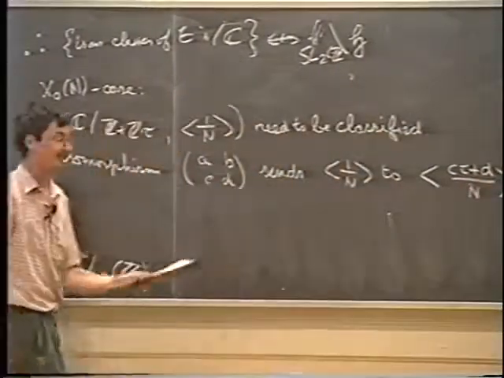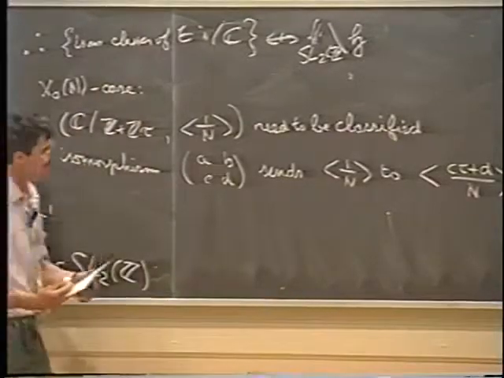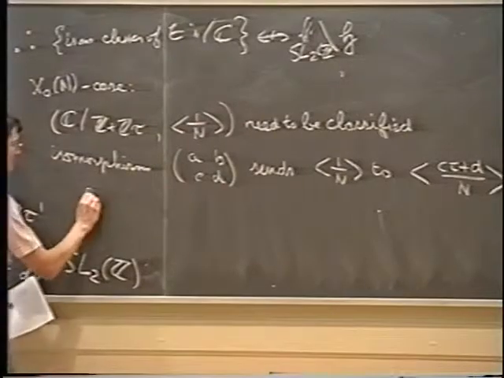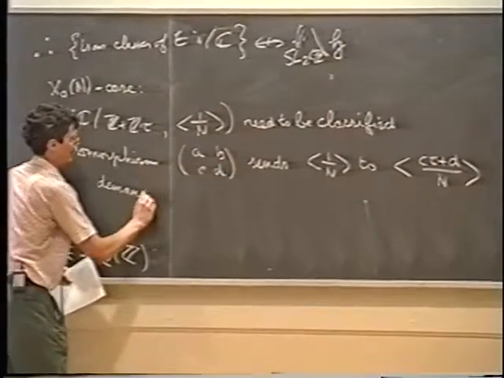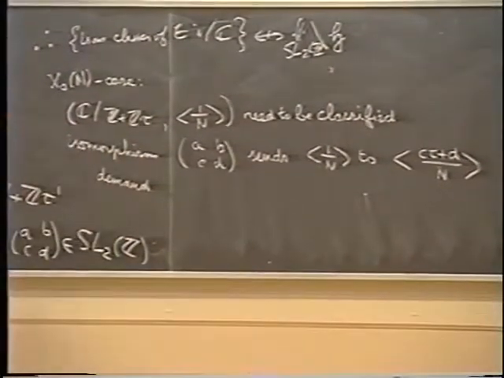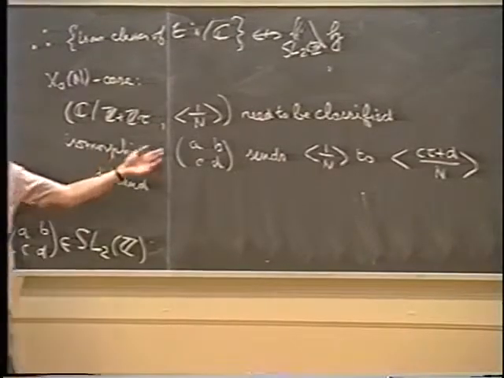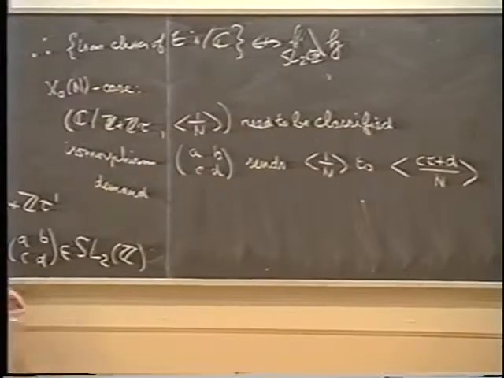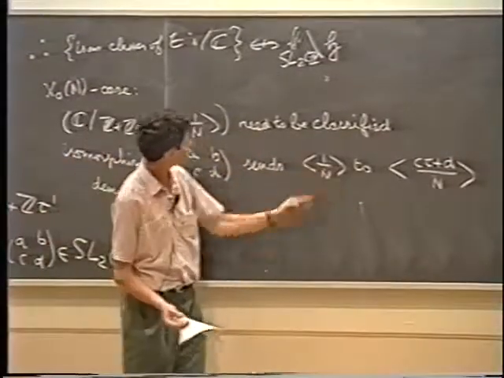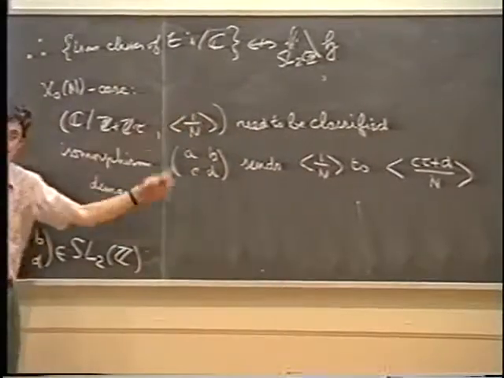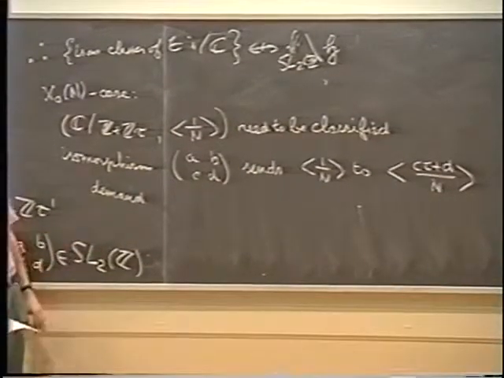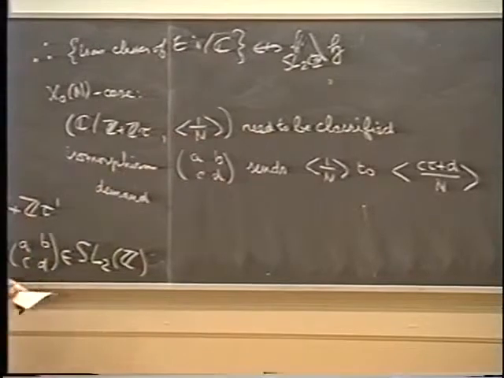And what do we want? We want that this is exactly the same subgroup as this one. So we demand, that was what I was describing at the very beginning, we don't just want isomorphisms, we want isomorphisms that preserve the additional structure, so that send this distinguished subgroup on the one to the distinguished subgroup on the other, and I have said at the beginning that I want my distinguished subgroups to be 1 over n.